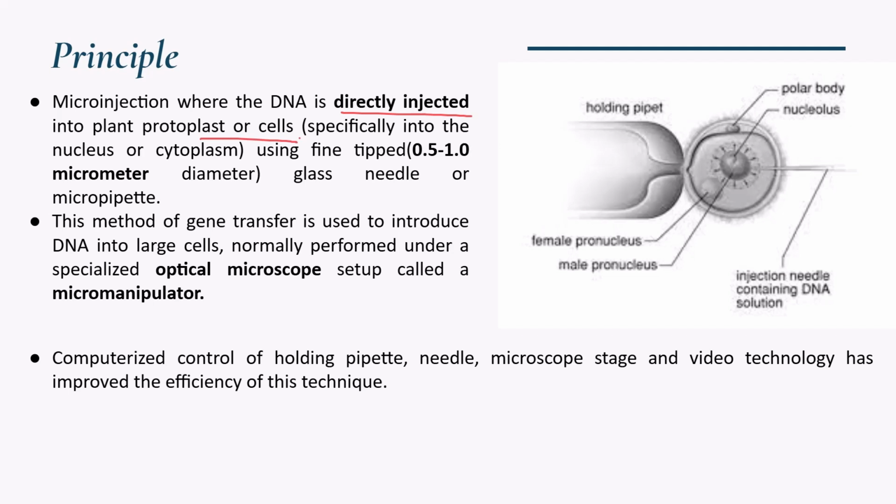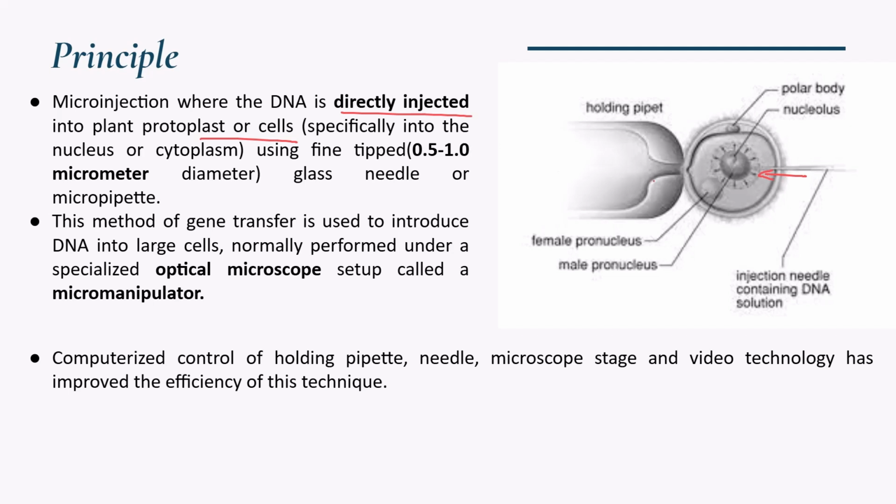So as you know, we are directly injecting the genetic material into the cell. If you just think, you may understand that plant cells which have a cell wall are not that suitable in this method, right? So this is what I meant when I said you have to select the required transfection method that you need to use, and it depends on the type of cells and serum, etc.